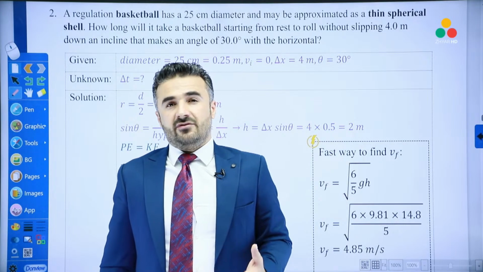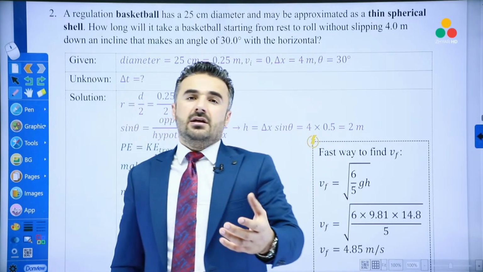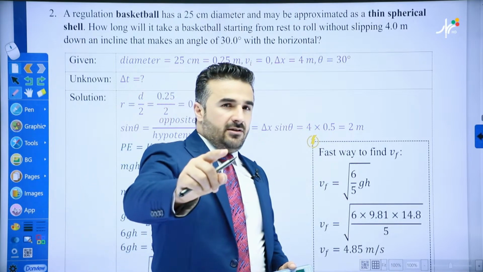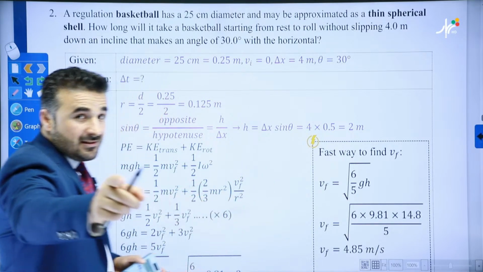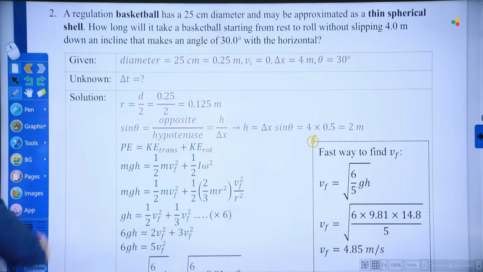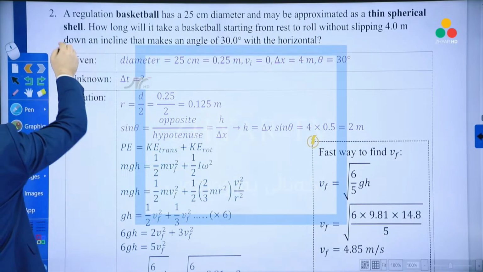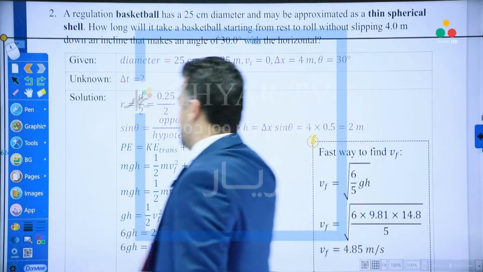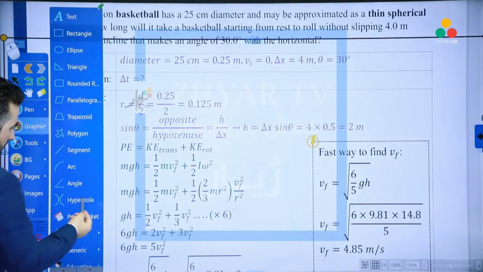And of course, the moment of inertia in this case is going to be what? Yes, what is it? 2 over 5 or 3? 5. You said 5? 3. Okay, very, very good. So let's see what is different in this case compared to the previous ones. All right.